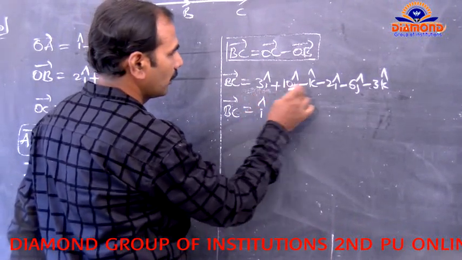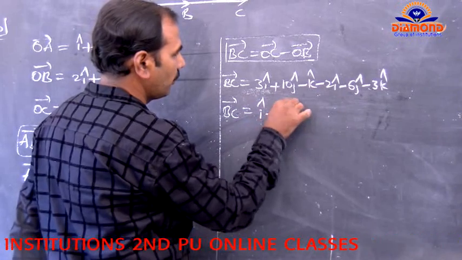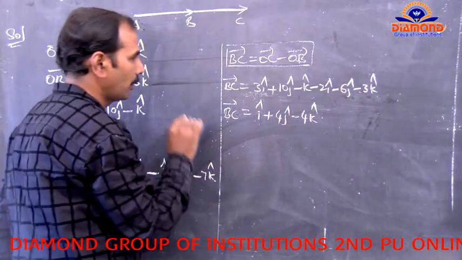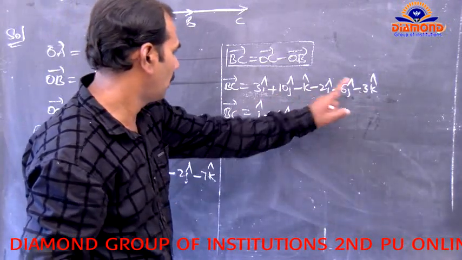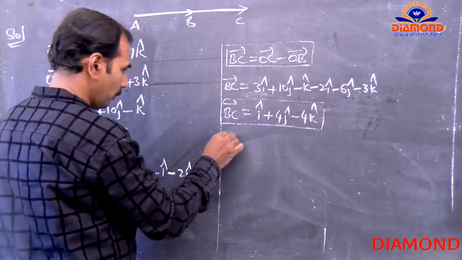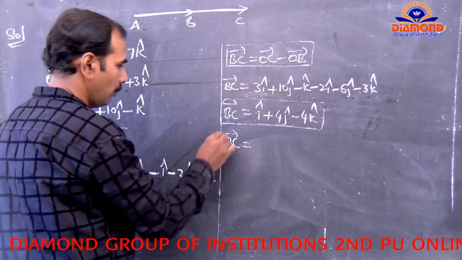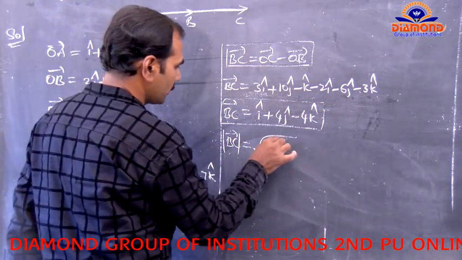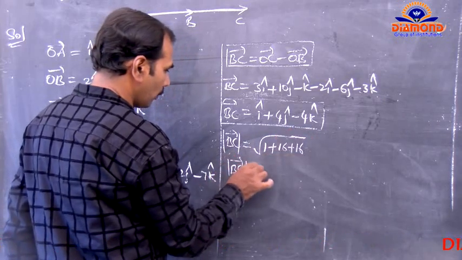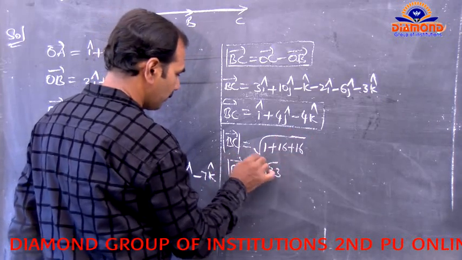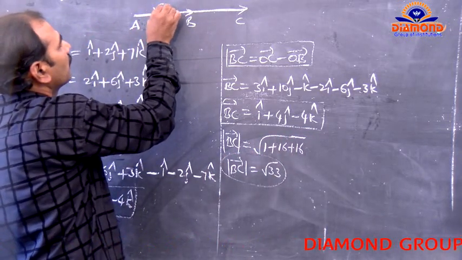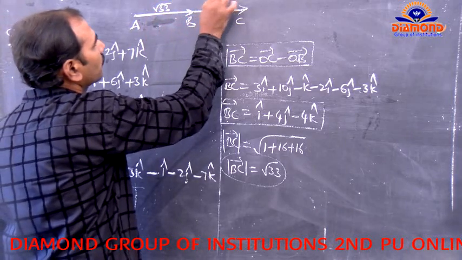I cap plus 4j cap minus 4k cap. Right. So this is BC. So BC magnitude equal to square root of 1 plus 16 plus 16, which is root 33.